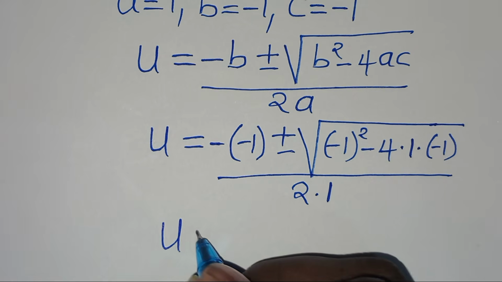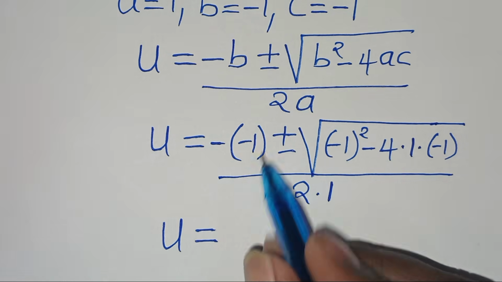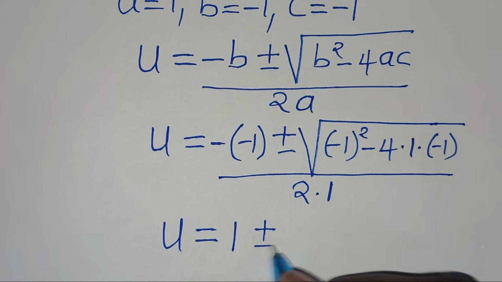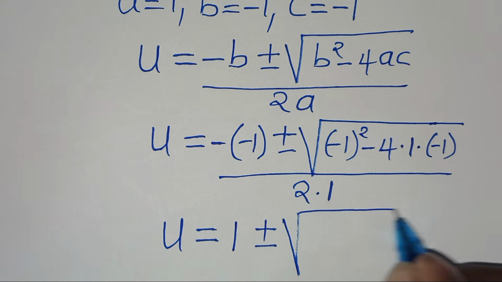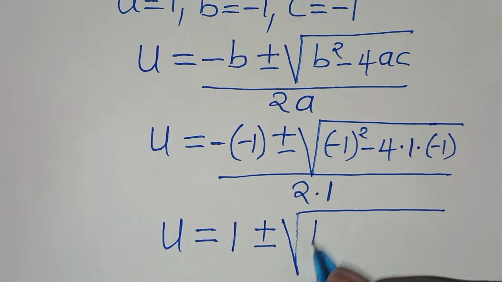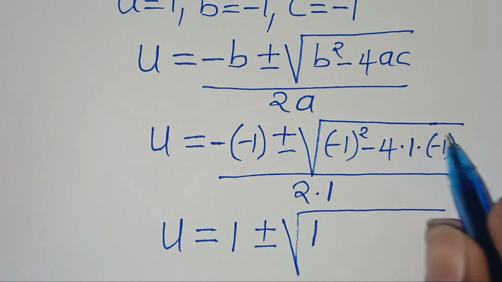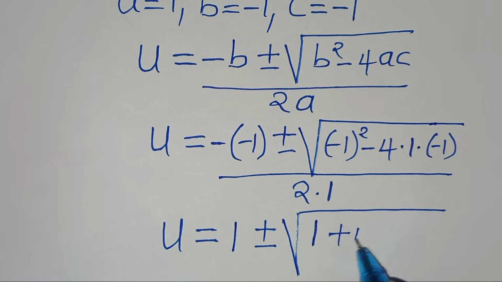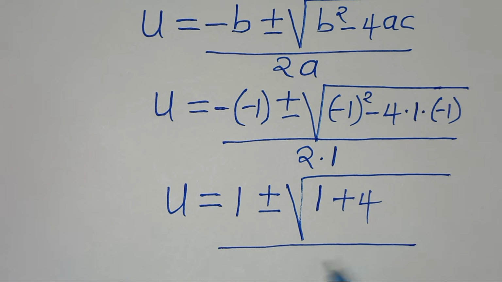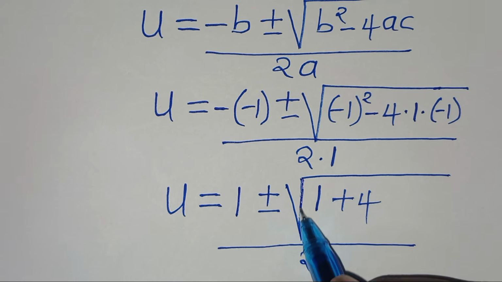So we have u is equal to negative times negative 1, this is 1, plus or minus the square root of negative 1 squared, this is 1, negative 4 times negative 1, this is plus 4, then divided by 2.